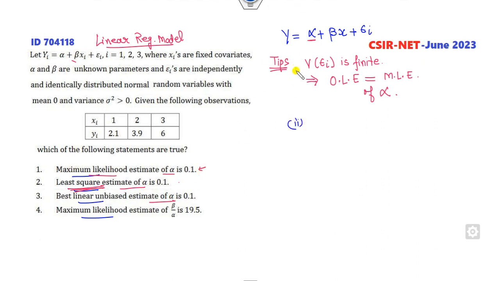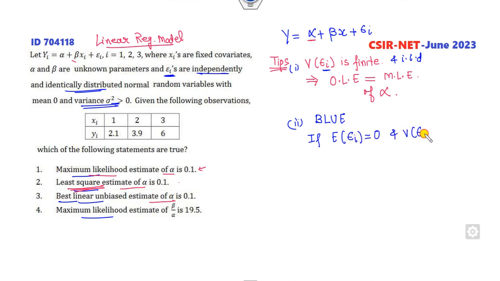The second tip is about BLUE, the best linear unbiased estimator. What are the properties? Whenever the epsilon i's are IID, and it is given that they are IID, the variance is finite. Second, if the expected value of epsilon is 0 and the variance of epsilon i is finite, plus epsilon i follows the normal distribution, that's the major important thing.